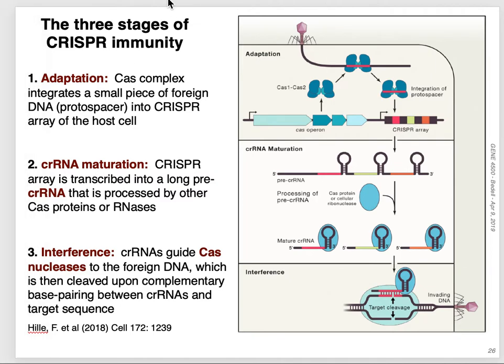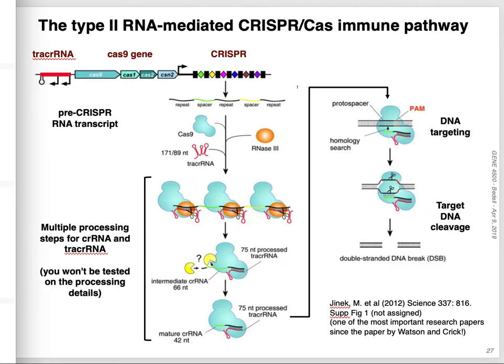Now, the other thing that's not on the previous slide that's important when you're thinking about the adaptive immunity system in bacteria is this other RNA called tracrRNA. That's a gene, tracrRNA. So with the type 2 CRISPR, you need to have not only those cRNAs that are made from the array and Cas9 being expressed, you also have to have transcription of this tracrRNA.